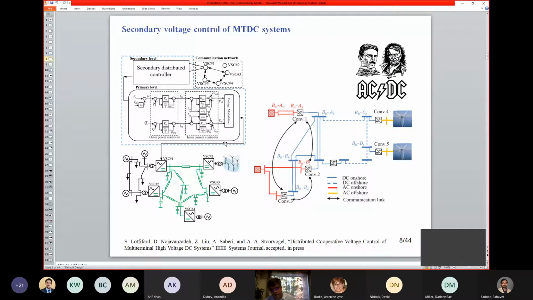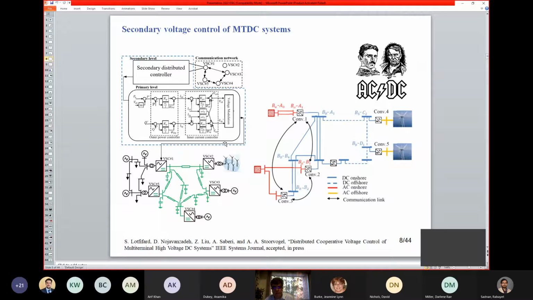you want to have a secondary controller, because we all know that droop control cannot, especially for voltage control, provide fair power sharing in the system. For frequency they can, but for voltage control they cannot.